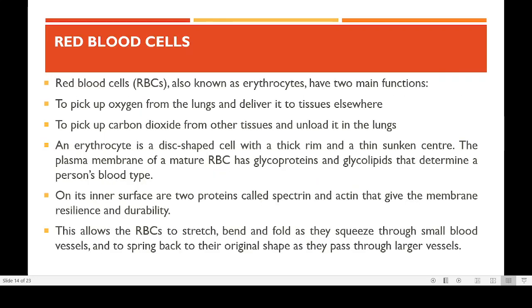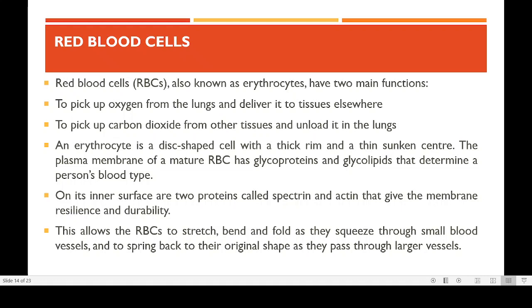Then we'll go to the next area, that is the red blood cells. We have to see what is the structure of a red blood cell. Basically, they are known as erythrocytes, and have two main functions: to pick up oxygen from the lungs and deliver it to tissue. That is one major function of an RBC.